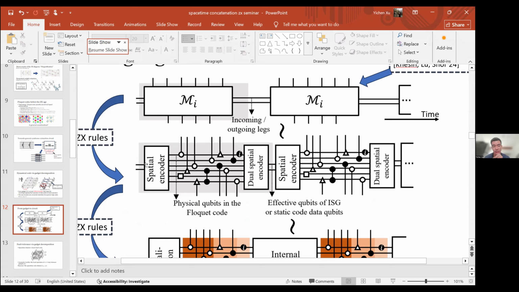Yeah, I think that's always possible. There's a very simple intuition: if you have an encoder and its dual, they're directly connected, so you can directly merge them and it will be the syndrome extraction circuit. But you can also say the dual spatial encoder is not the same as the spatial encoder. Then it's not exactly the syndrome extraction circuit, but it's kind of a subsystem code where you change from one gauge to the other.